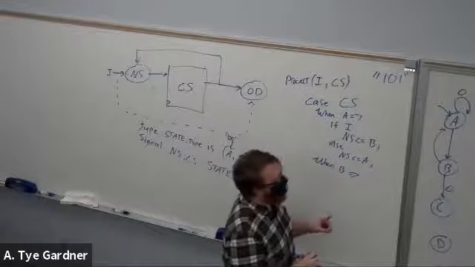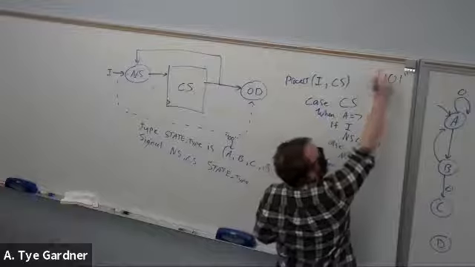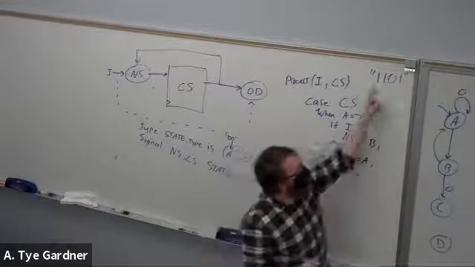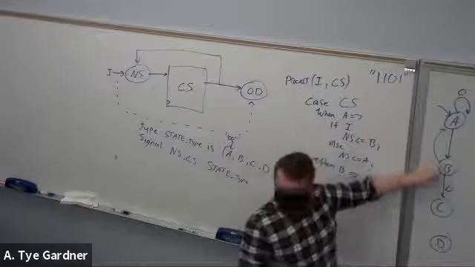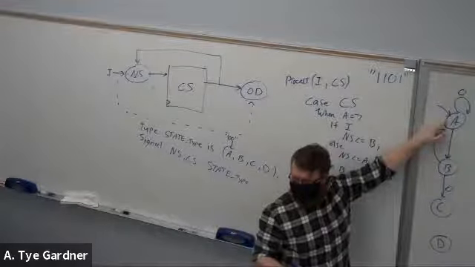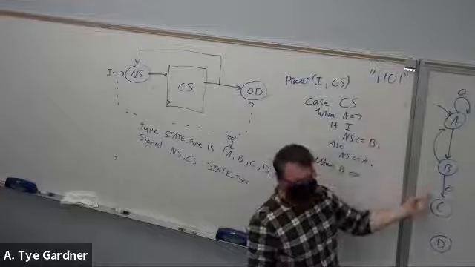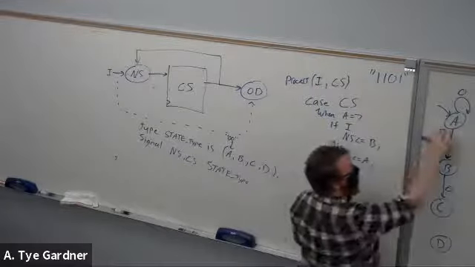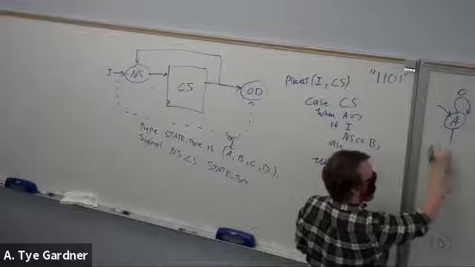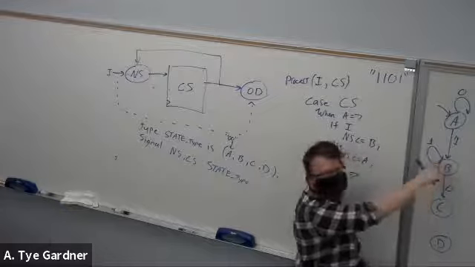What we're missing, though, is if I see a 1, let's look at this pattern. I've seen a 1, I go here. I see another 1, I go back. No, I don't. I want to be ready for that 0, which is here. So it's actually 1, because this is I saw a 1, and this is I saw 1, 1.